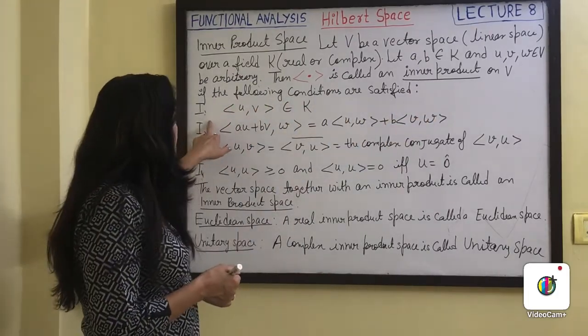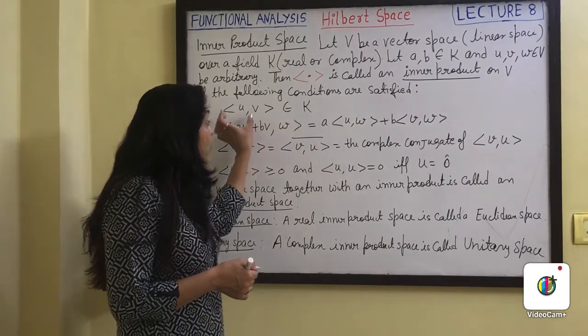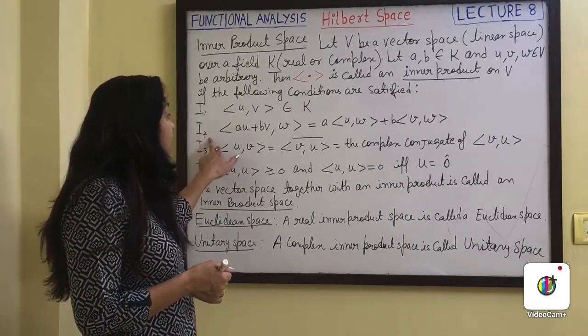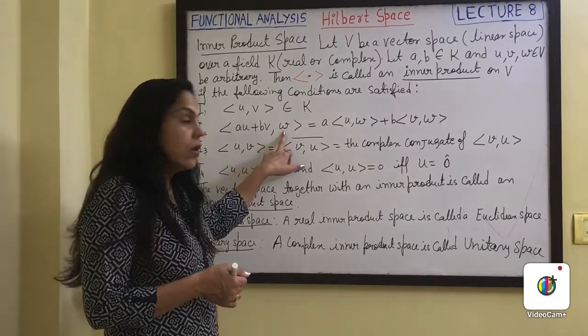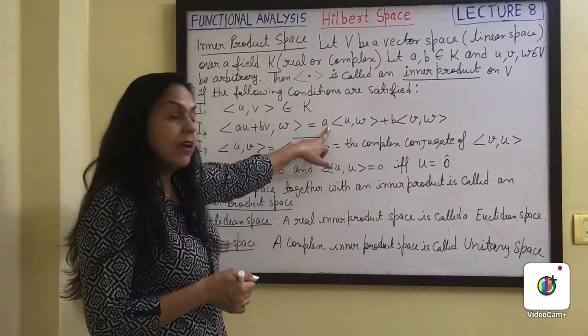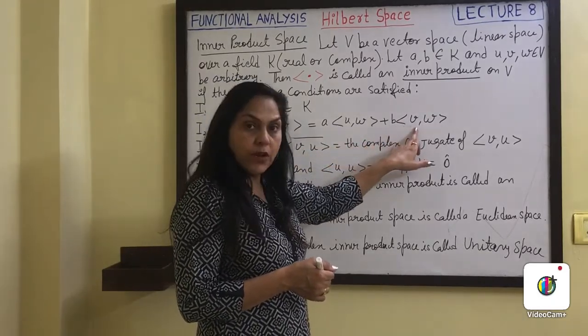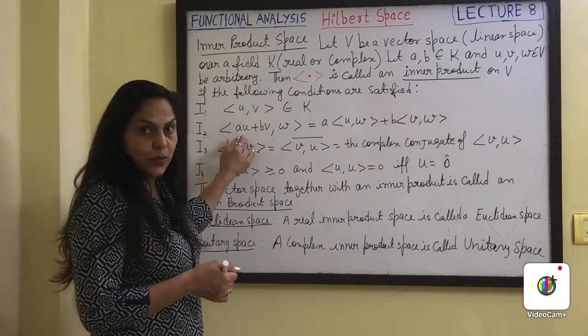The first condition is inner product of u comma v belongs to K. That is, inner product of u comma v is a scalar quantity. Second property is inner product of au plus bv comma w is equal to a inner product of u comma w plus b inner product of v comma w. So this property is known as distributive property.